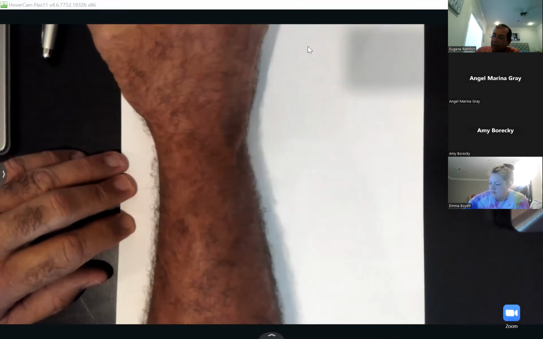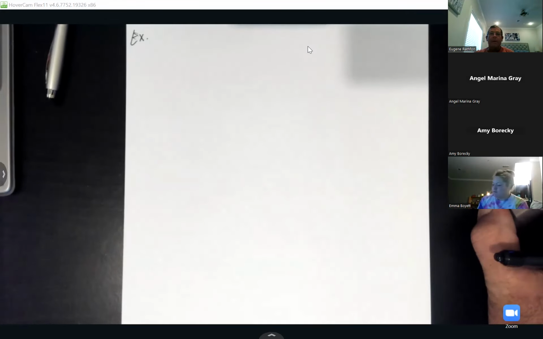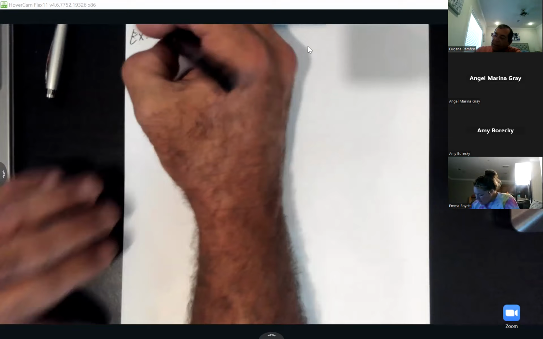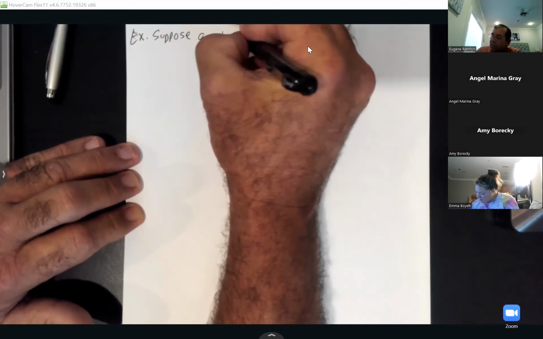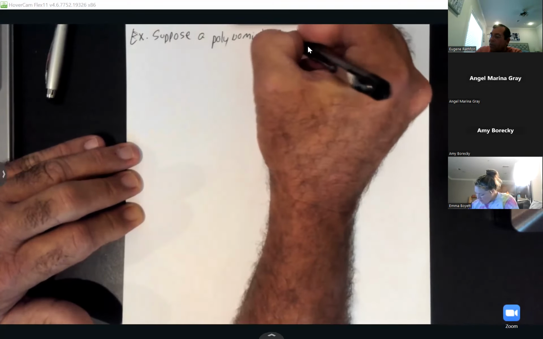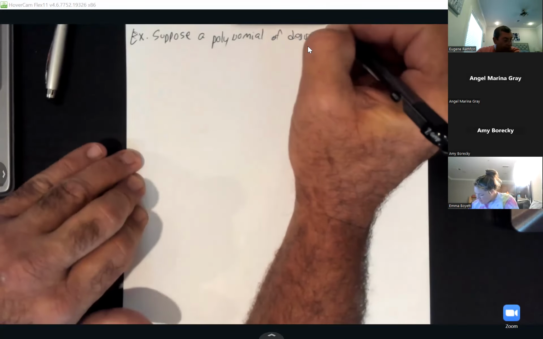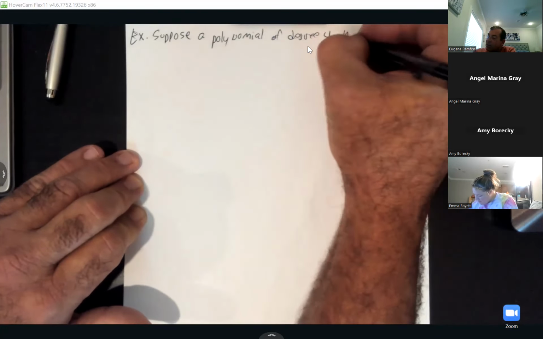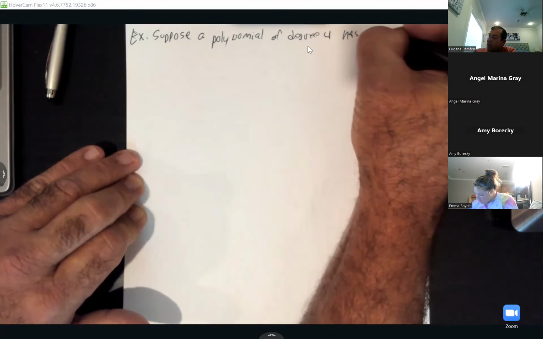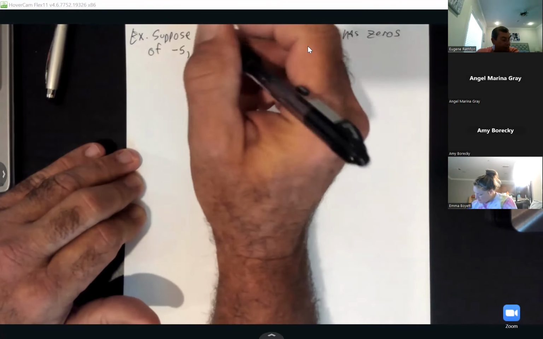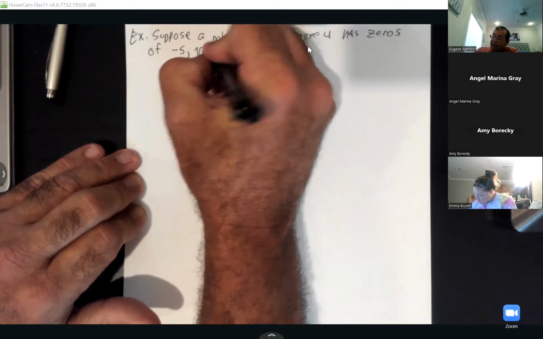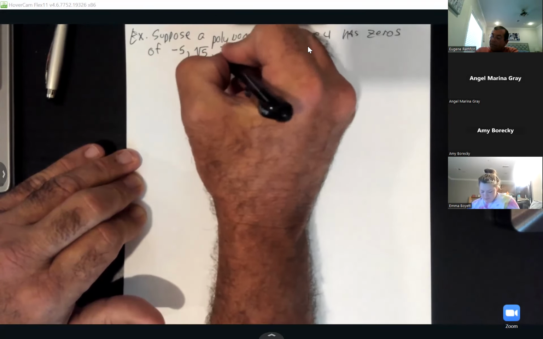All righty, so all right, y'all, so think about this one. Suppose a polynomial of degree 4 has zeros of negative 5, square root of 5, and 7/4.